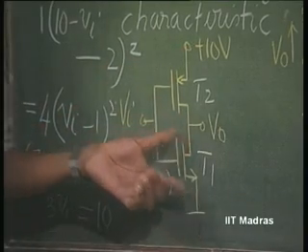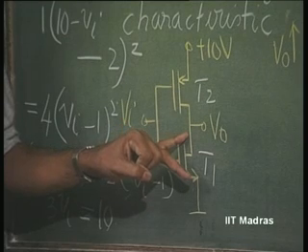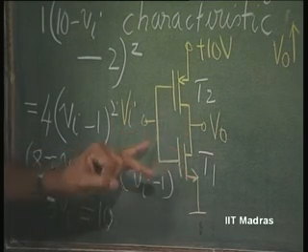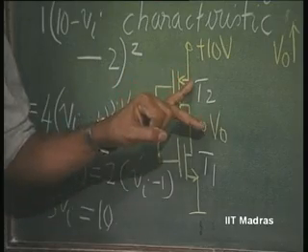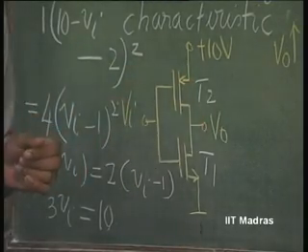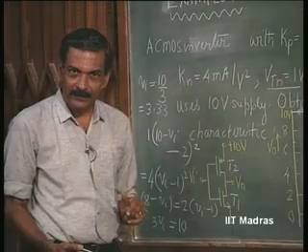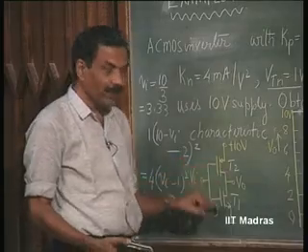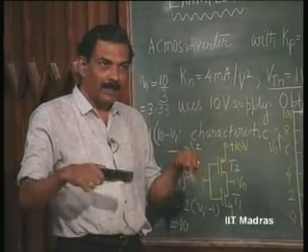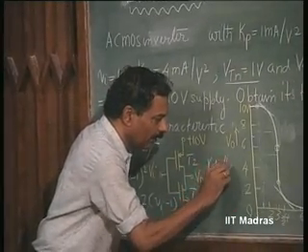This is going to be replaced by a current source, Gm into Vi. This also is going to be replaced by another current source, Gm into Vi. As far as the signal is concerned, whether you use NMOS or PMOS, it does not make any difference. So, these two are working in parallel onto the same load, and the load is RDS1 parallel RDS2.